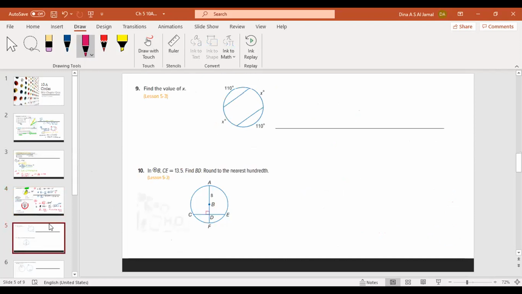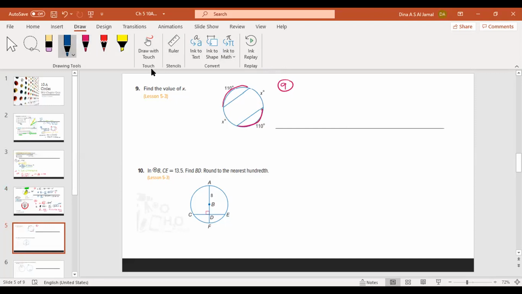Now, he would like you to find the value of x. So, focus with me. These two questions, 9 and 10, are related to the third lesson. So, in question 9, he gave you the measurement of this arc and this arc.